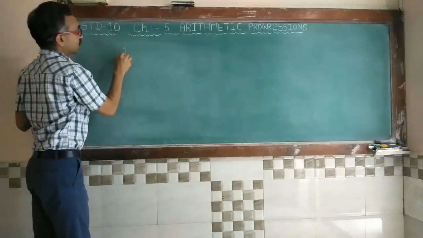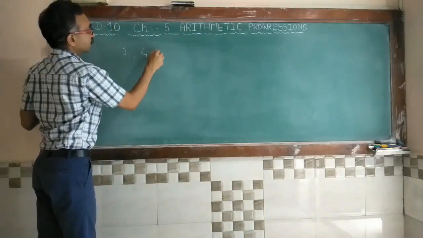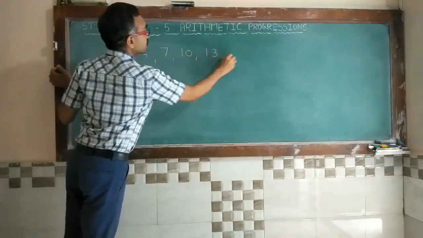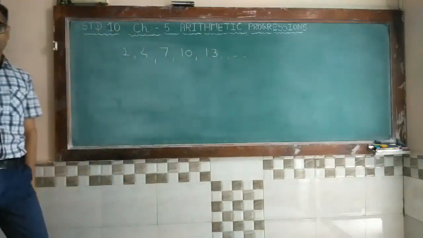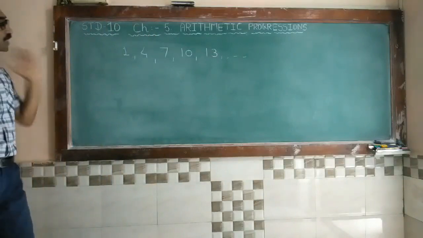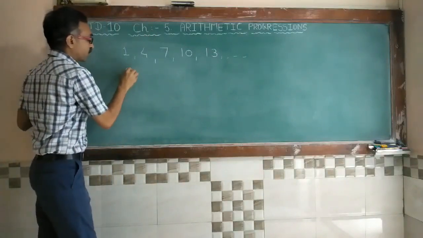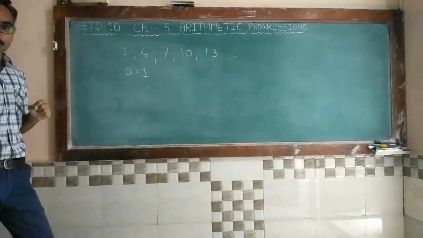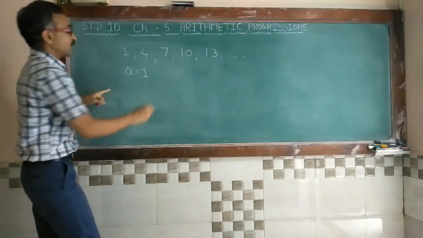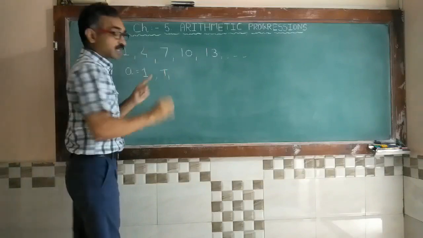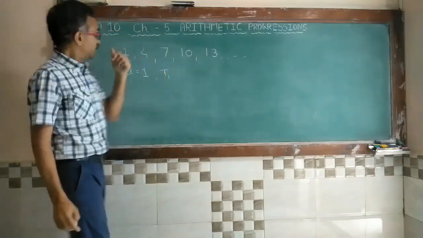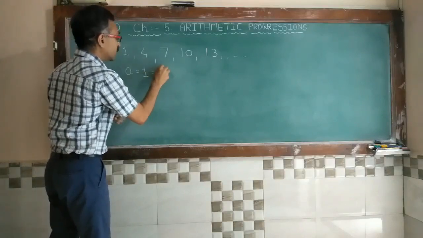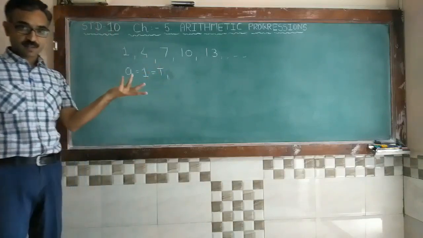Okay. Now let's take another example. Suppose here 1, 4, 7, 10, 13, and so on. Now see, your first term is 1, that means a is equal to 1. Now your t1, that means term 1, is also a. So you can say a is equal to 1 is equal to t1.